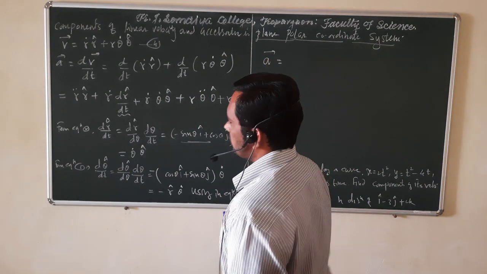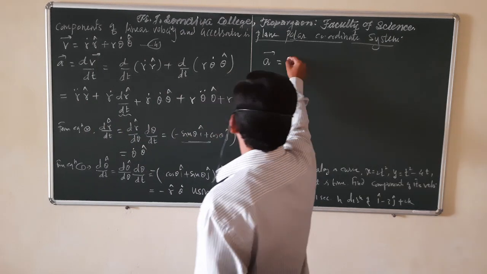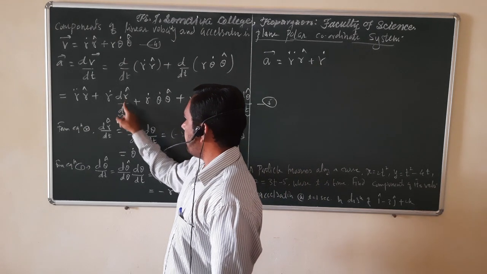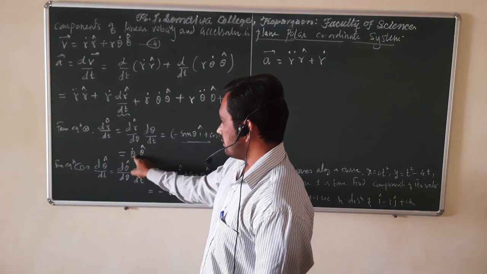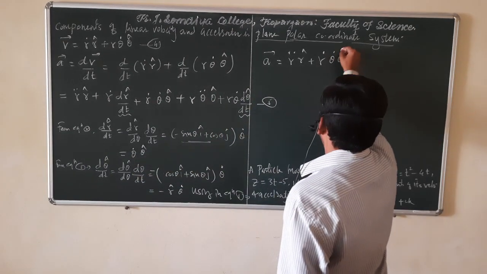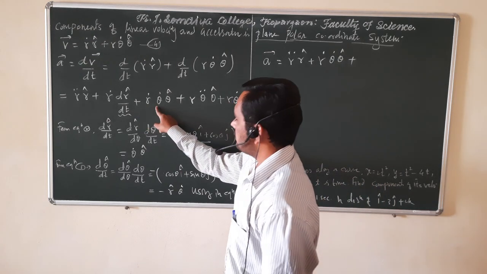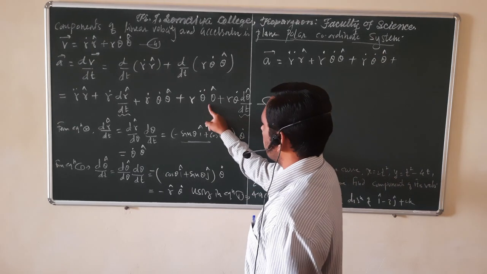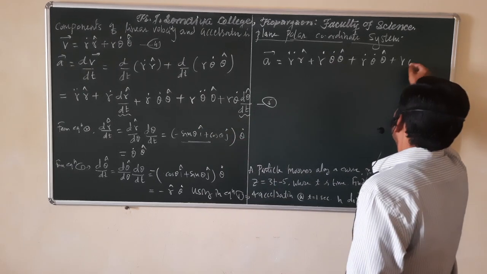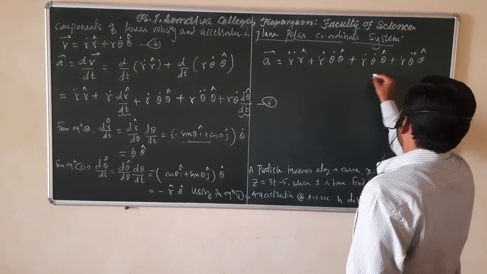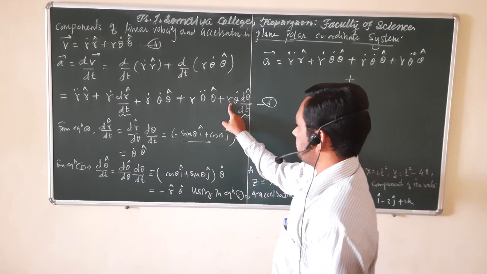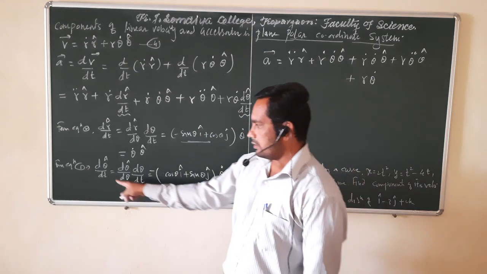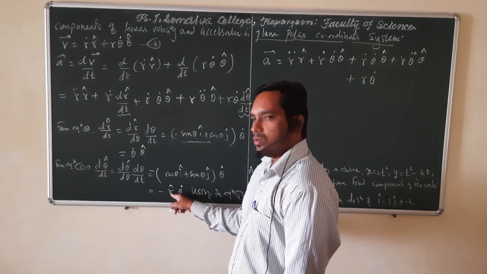Acceleration is equal to r double dot into r cap plus r dot into the derivative of r cap with respect to time, which is theta dot into theta cap, plus the next term r dot theta dot into theta cap, plus the next term r theta double dot into theta cap, and plus the last term r into theta dot multiplied by d theta cap by dt, and d theta cap by dt is nothing but theta dot into minus r cap.